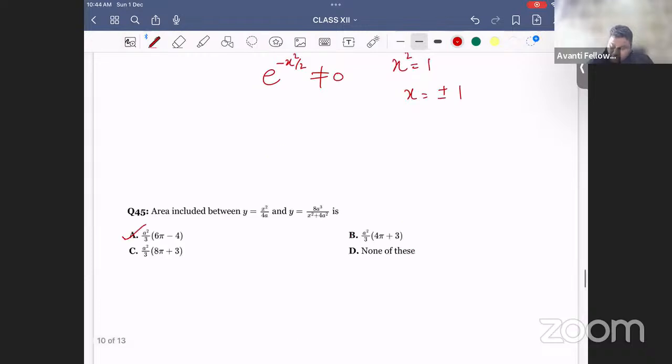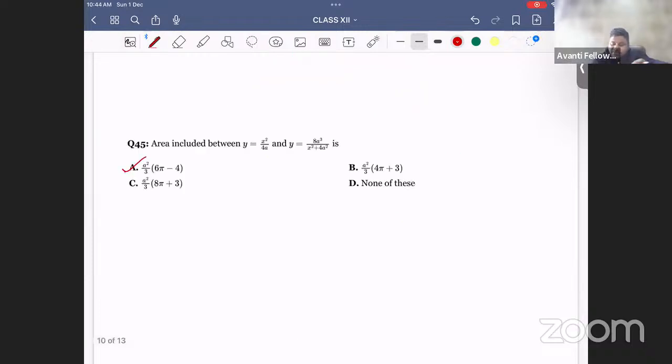Correct? Now, area included between y equals to x square upon 4a, that is x square equals to 4ay, and y equals to 8a cube upon x square plus 4a square. First of all, let's judge the graph. X square equals to 4ay is this kind of parabola.